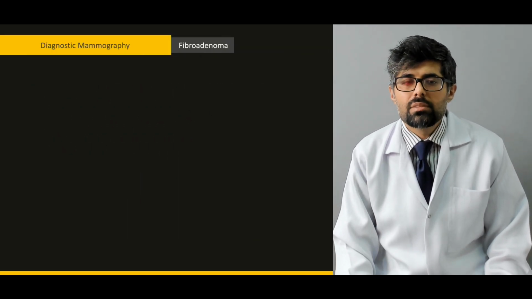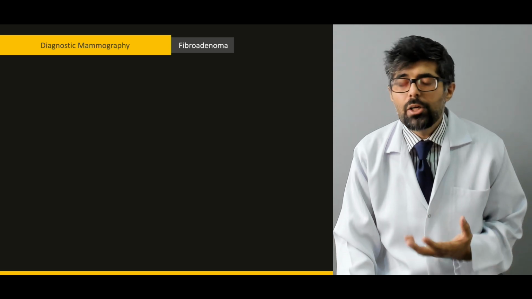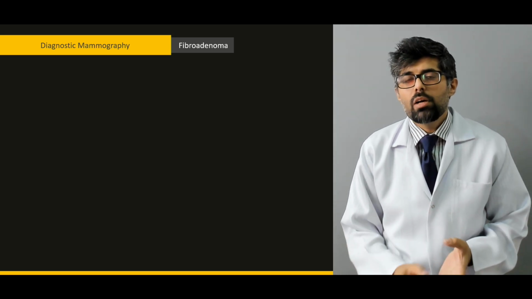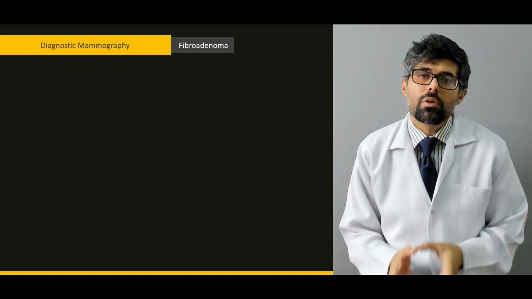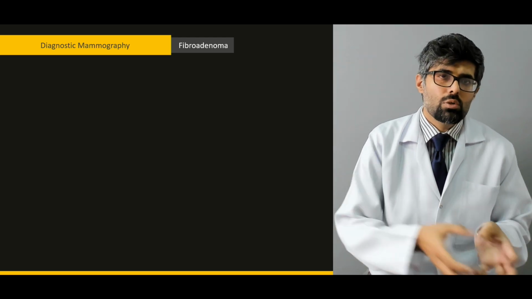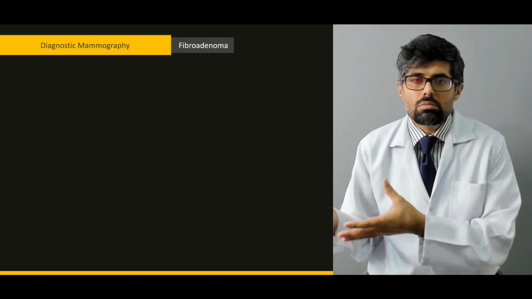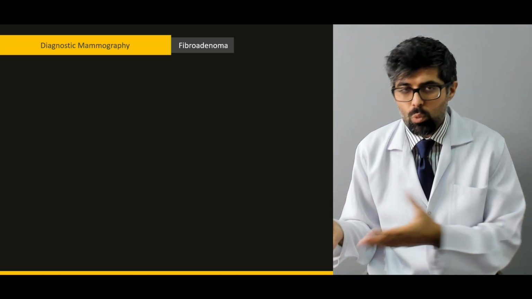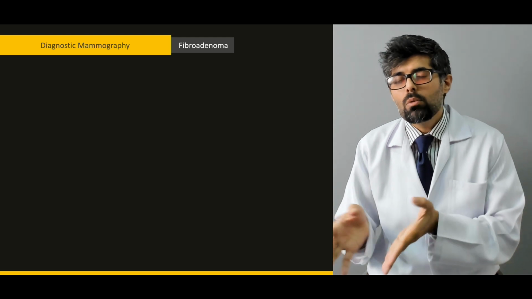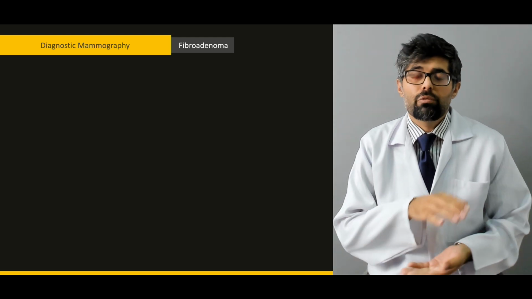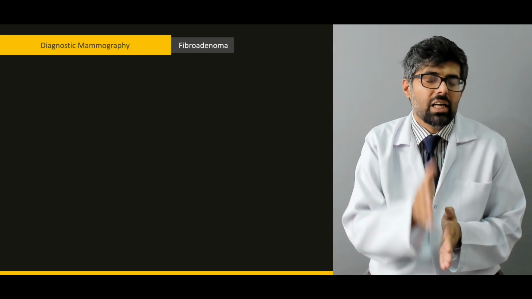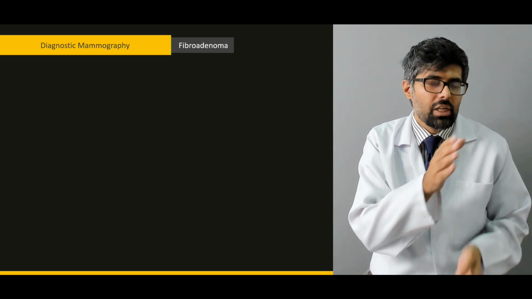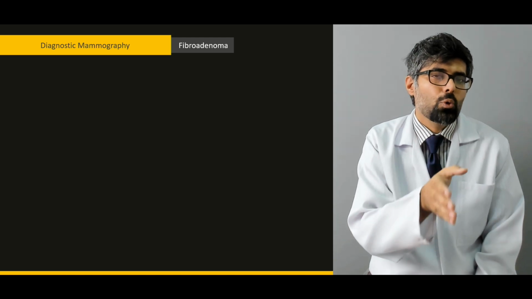Next one is the fibroadenoma. Now, whenever we go for diagnosis, usually we prefer ultrasound to a mammogram. Why? Because a mammogram gives us the view of the whole breast, but the ultrasound gives us a slice, only a slice or an area where the probe is placed.